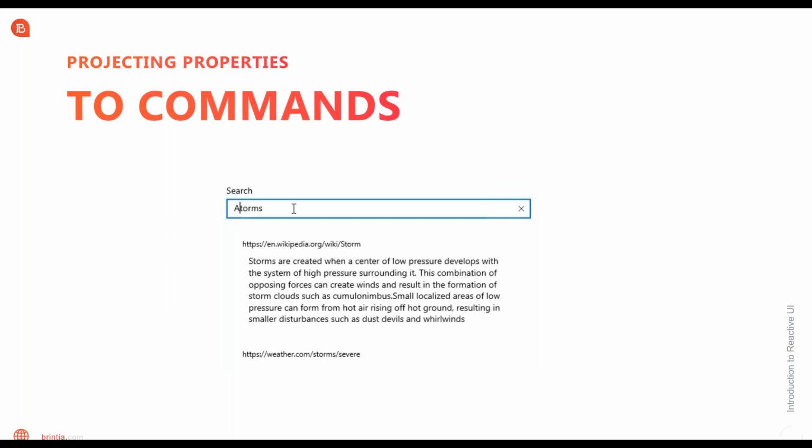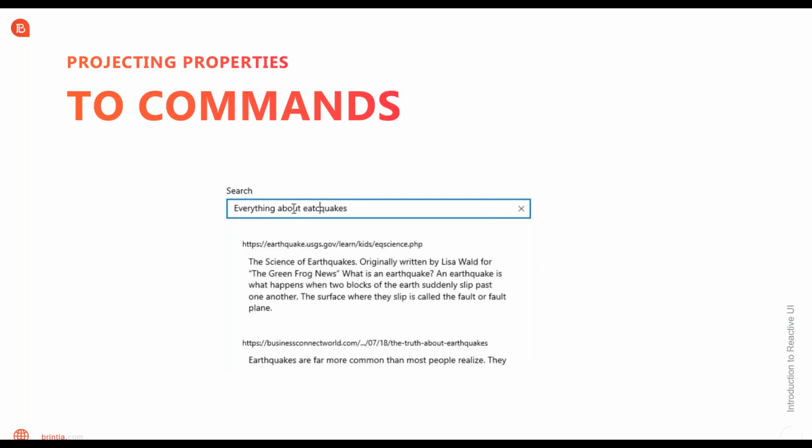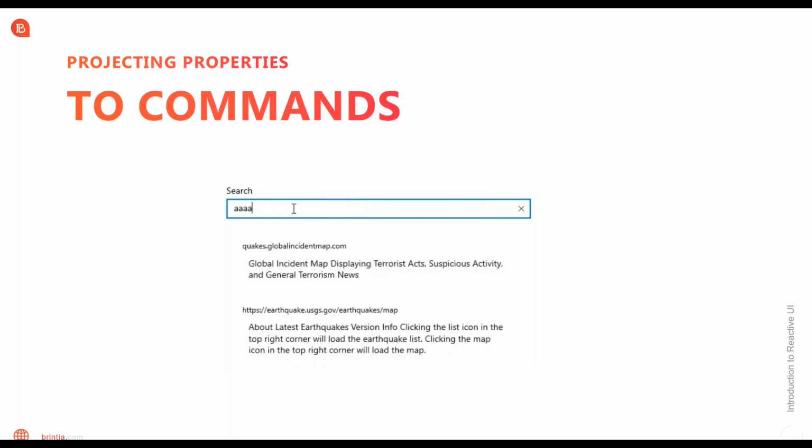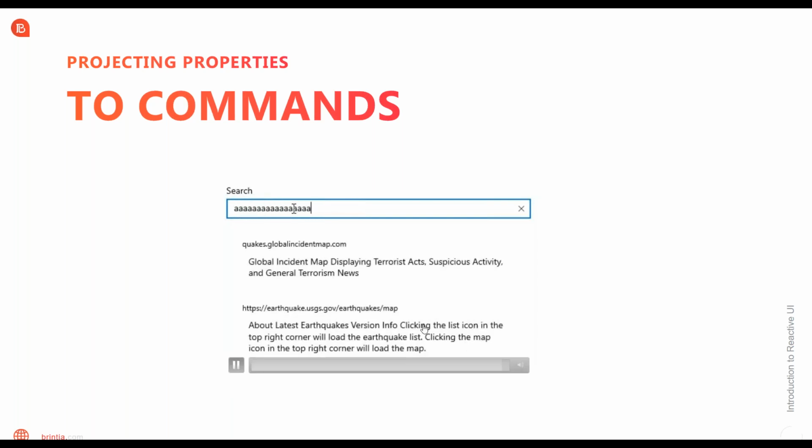So this is interesting because it allows your users to type and correct their mistakes without launching the search command whenever a new letter is input. For example, you can type A, and the search won't be invoked until you have stopped typing.